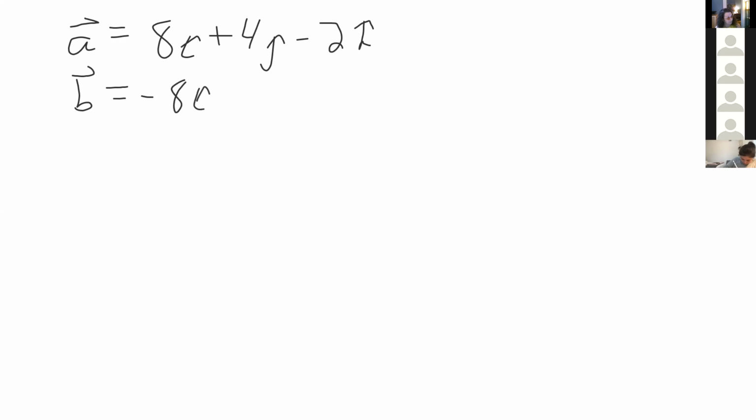So for A, we'll call that 8i plus 4j minus 2k. For B, we'll call it negative 8i plus 8j plus 7k.